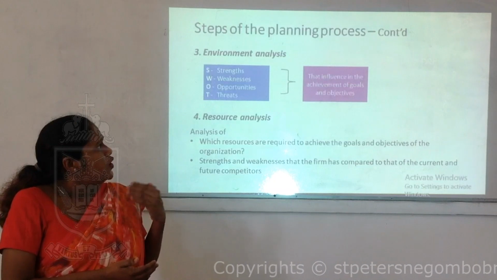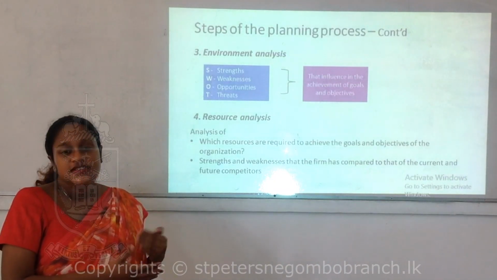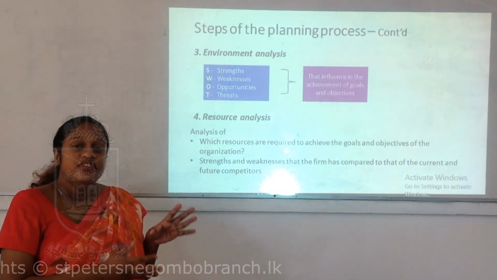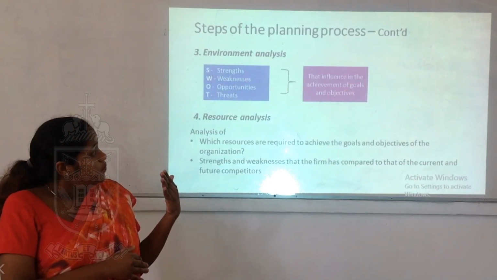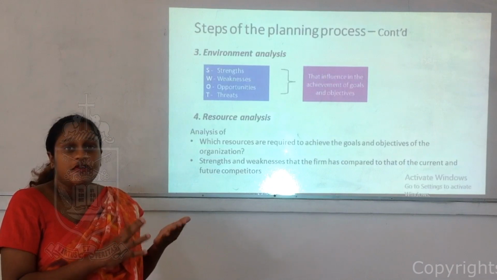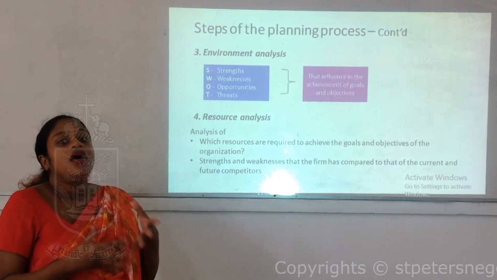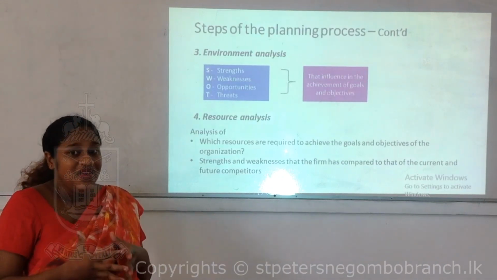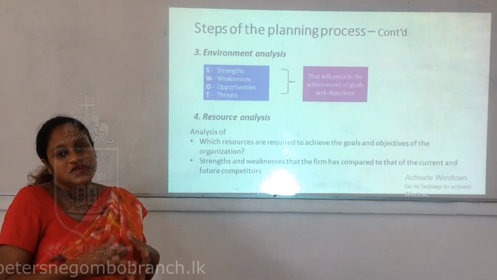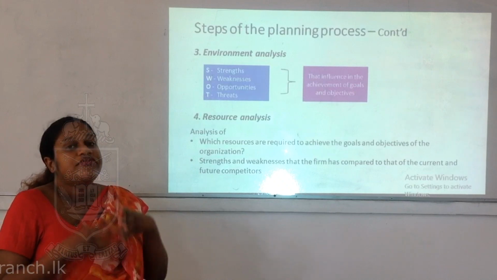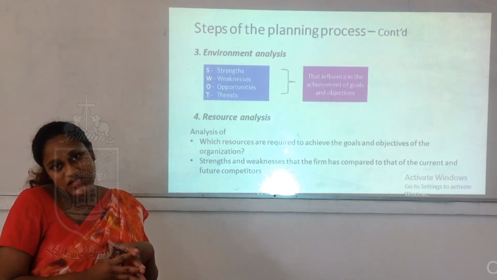So you know, strengths and weaknesses can come from the internal environment, which are controllable for the organization. But the opportunities and threats which are coming from the external environment can be uncontrollable. So in that case, what the organization can do is to adapt themselves and make strategies to face these uncontrollable situations.